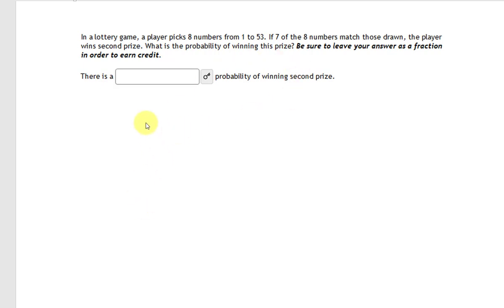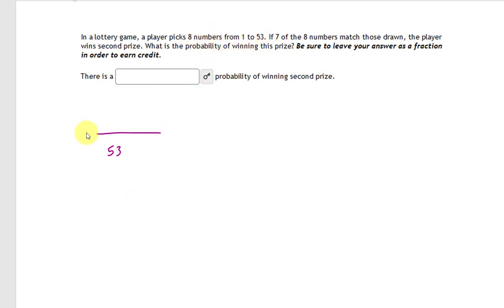Anytime you are asking for the probability, we know that we need to find the ratio, and the bottom is the total number of possible outcomes. We have 53 numbers, and you can choose any 8 numbers out of 53.